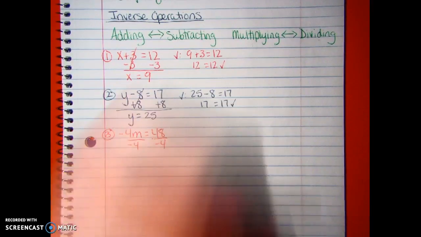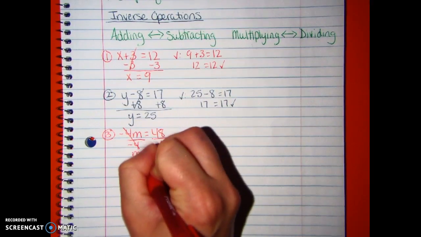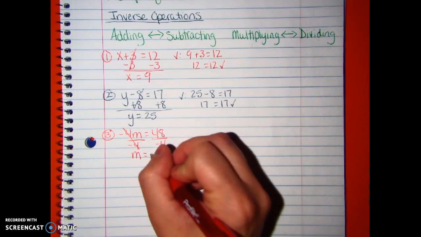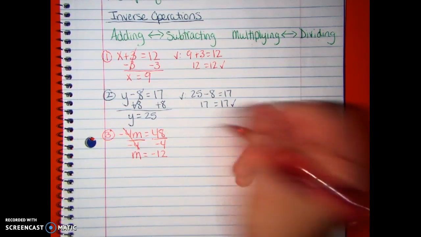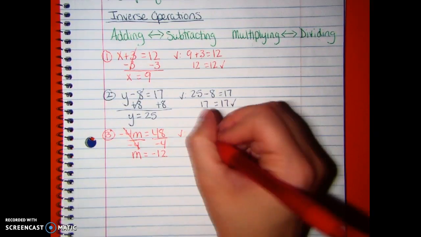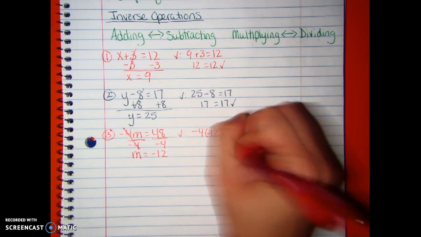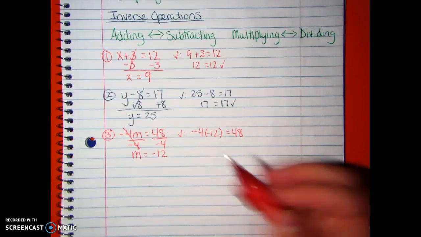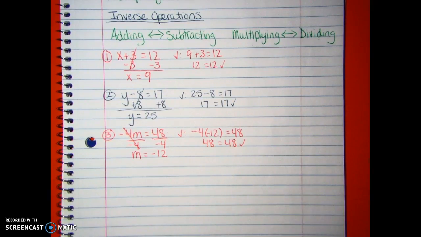So that technically cancels out. That leaves me with m on the left side. 48 divided by negative 4 is a negative 12. Let's check our answer. Negative 4 times negative 12 equals 48. And negative 4 times negative 12 is a positive 48. So that one works.